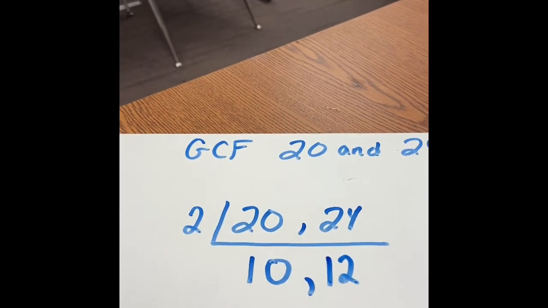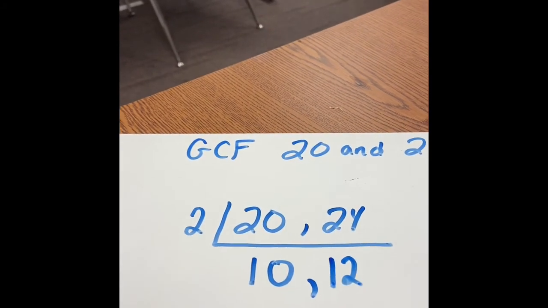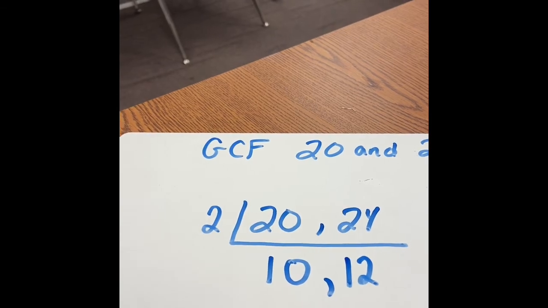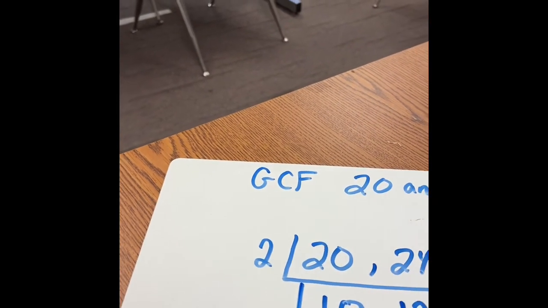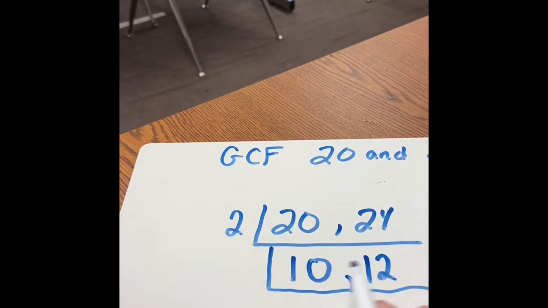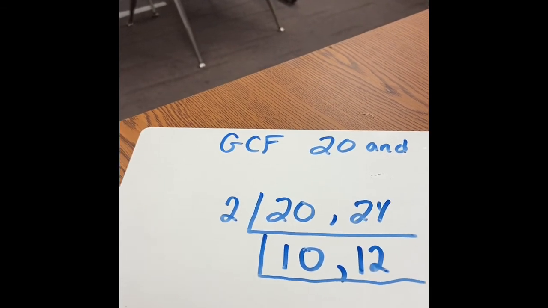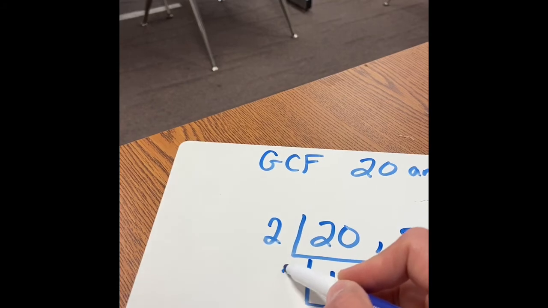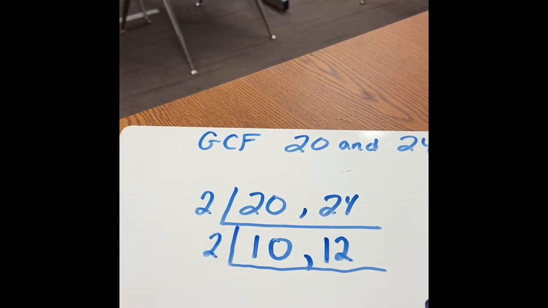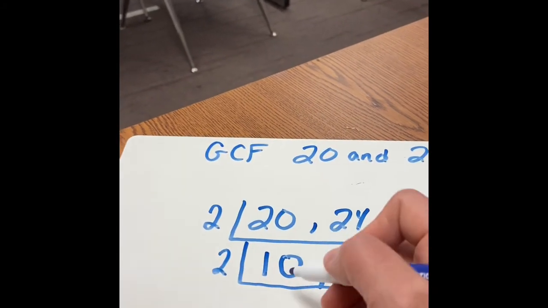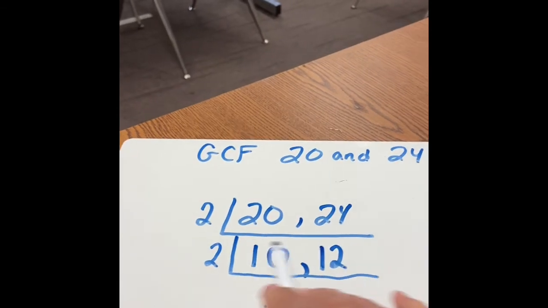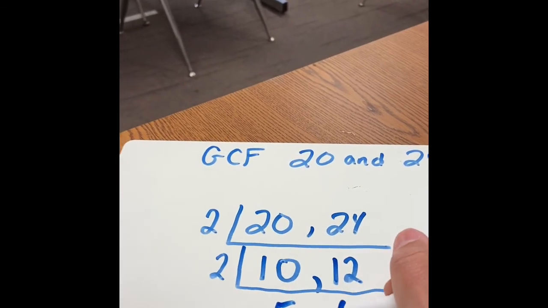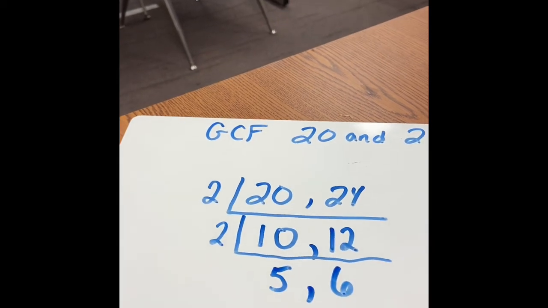So now let's look at these numbers. Are these numbers prime? There's still something that can factor out of both of them, besides 1, isn't there? So now we're going to factor it again. What can go into 10 and 12? What's a factor of both? So we can do 2 again. 10 divided by 2 gives you 5. 12 divided by 2 gives you 6, doesn't it?